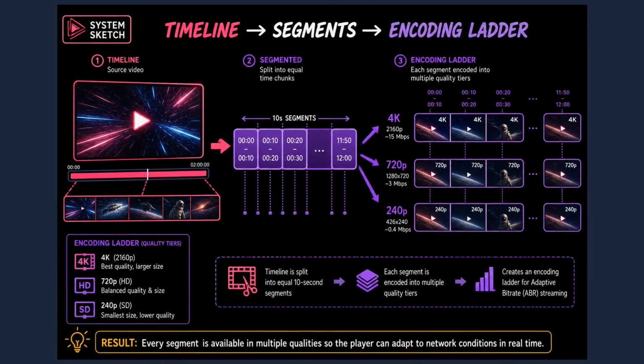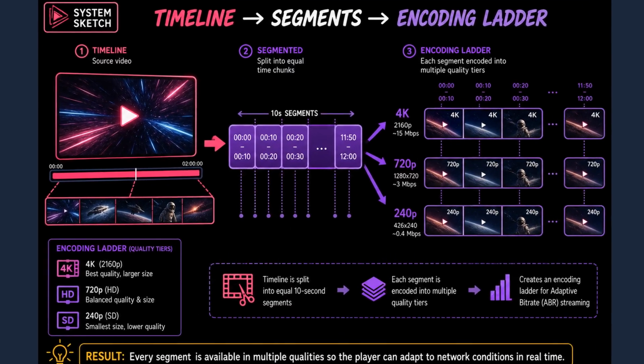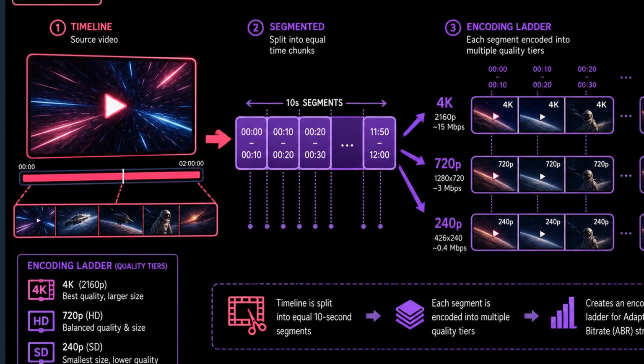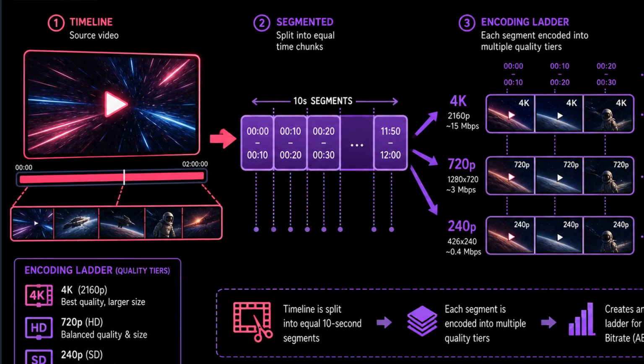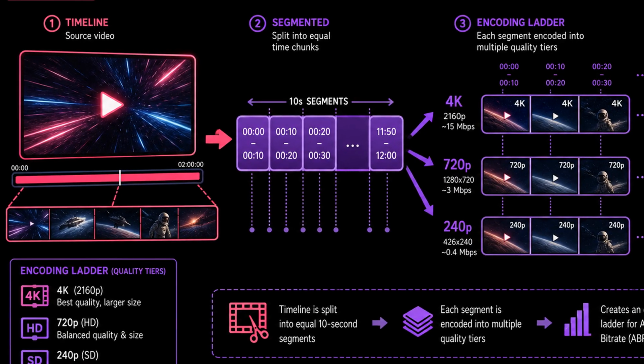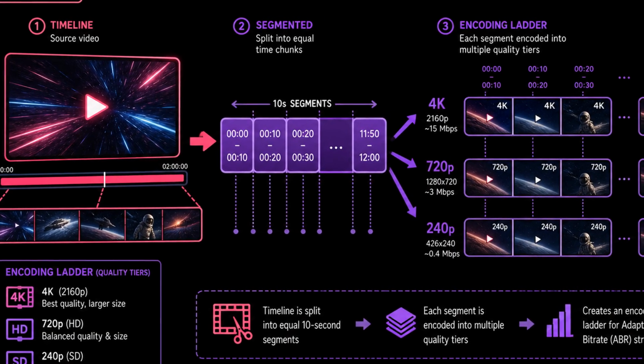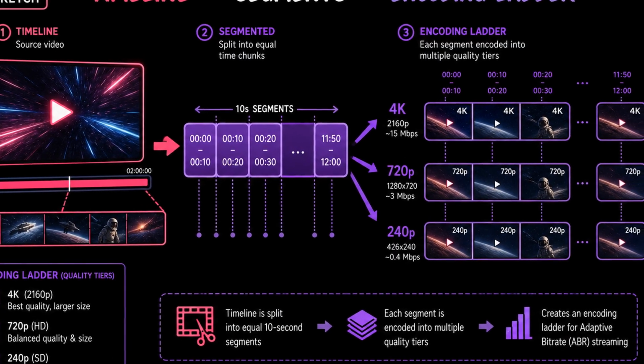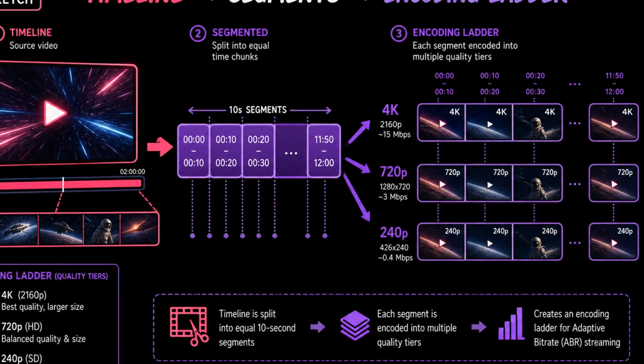After encoding, the video is cut into segments, typically 2 to 10 seconds each. For each segment, the encoder produces multiple versions at different resolutions and bit rates. 240p for slow connections, 720p for decent ones, 4K for fast ones.